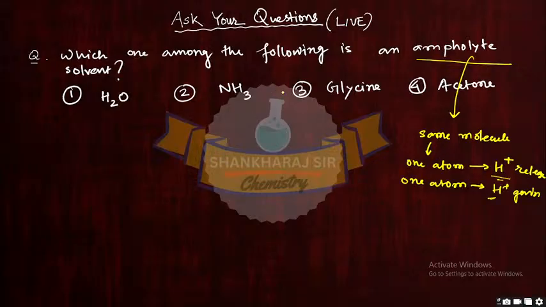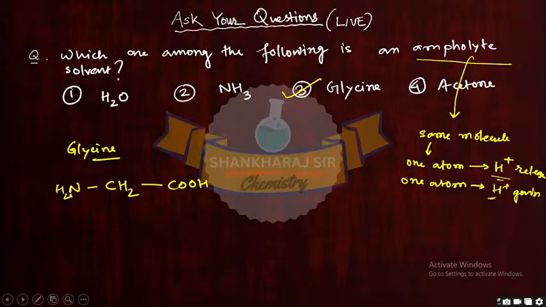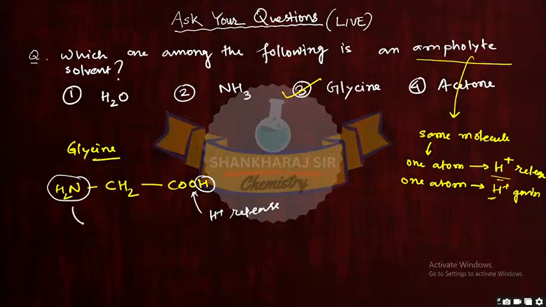So here the answer is glycine. The formula of glycine is CH2COOH and this is your NH2. So what will happen now? In glycine, always remember this part is the H plus release part. From here hydrogen will be released, and here the H plus will be gained.